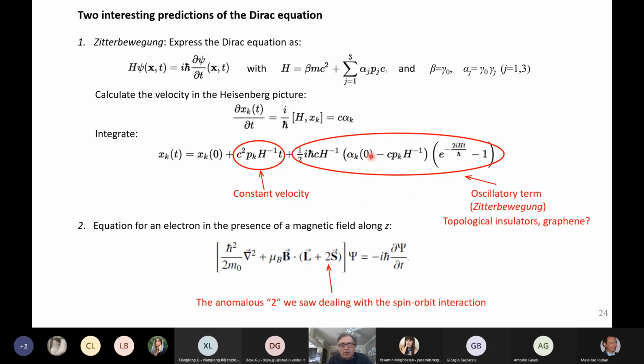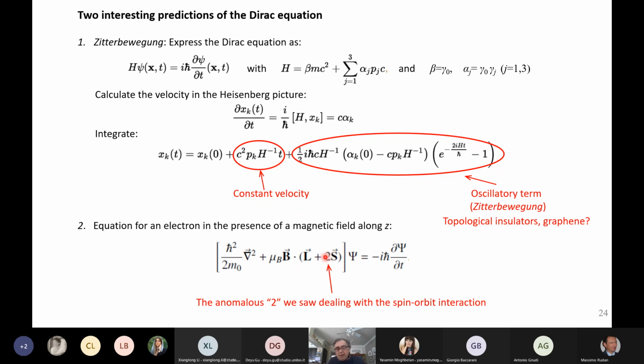The other interesting consequence of the Dirac equation is if you plug it into an electromagnetic field, it's quite laborious. So again, I don't go through the derivation here, but you can find essentially that you can Schrödingerize the Dirac equation, write it in some form which resembles the Schrödinger equation for a particle in the presence of a magnetic field.